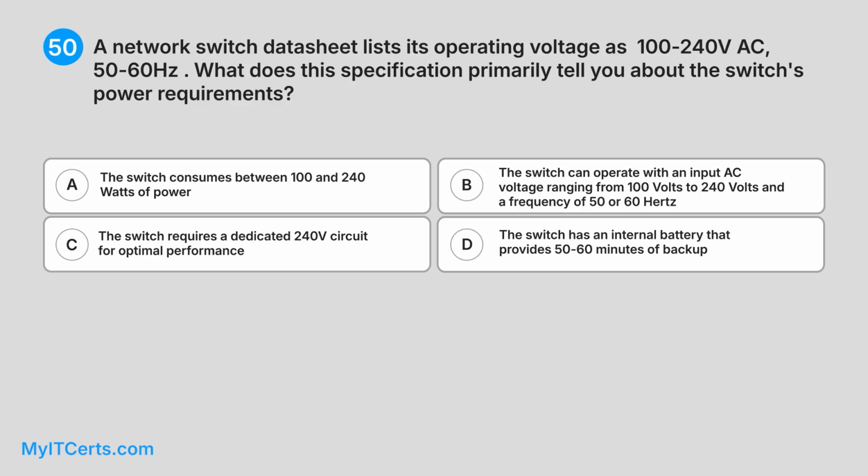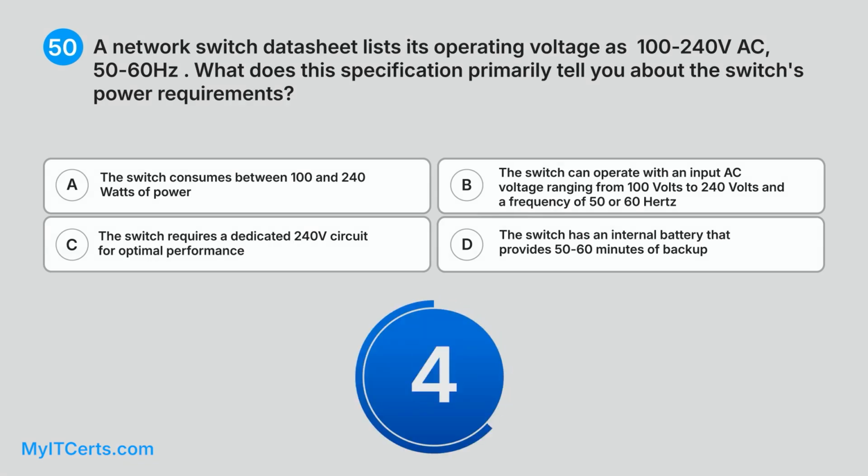B. The switch can operate with an input AC voltage ranging from 100 volts to 240 volts and a frequency of 50 or 60 Hz. C. The switch requires a dedicated 240V circuit for optimal performance. D. The switch has an internal battery that provides 50 to 60 minutes of backup. What do you think is the answer?